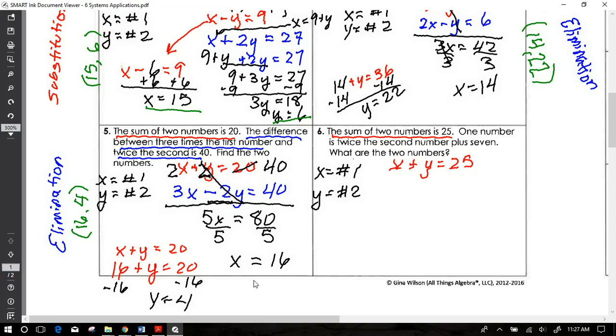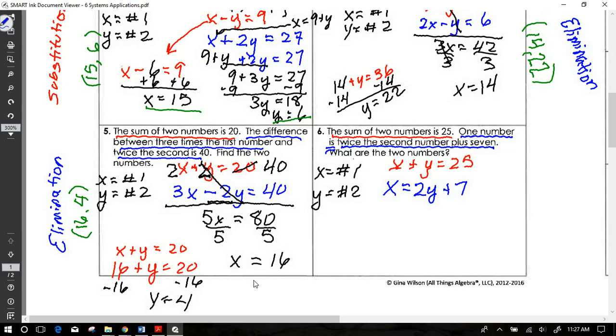And then it says one number is, that means equals. So x equals 2 times, or twice, the second number plus 7. Okay, so I've translated that whole sentence. And they want me to find what are the two numbers.